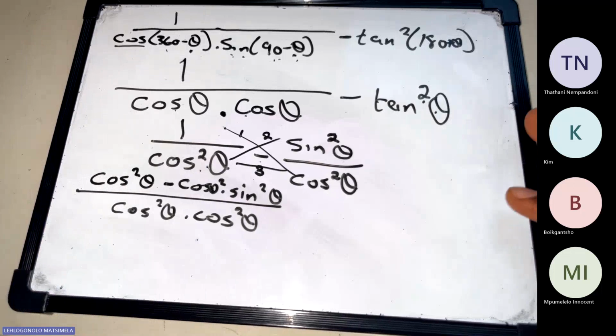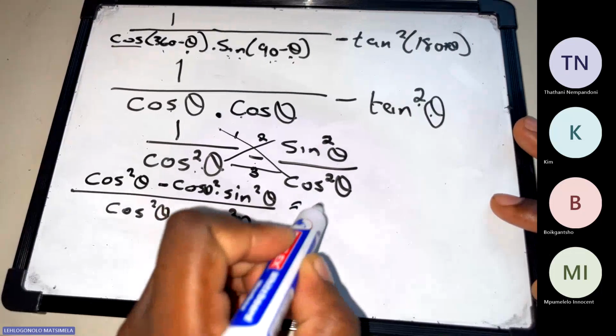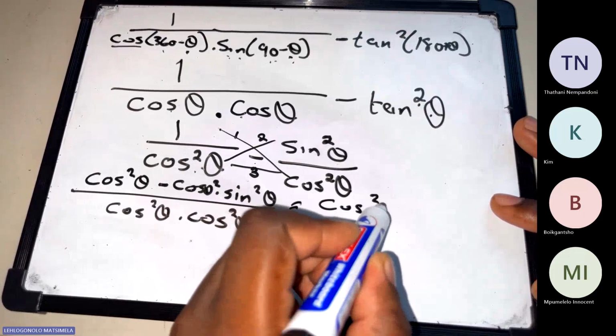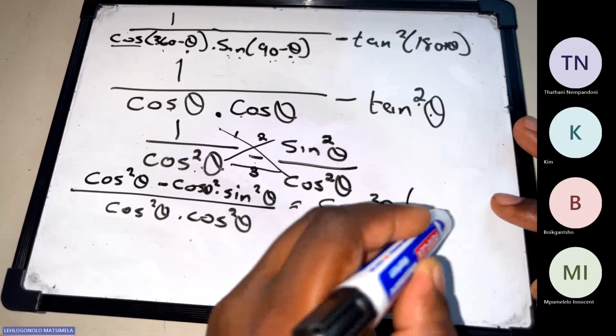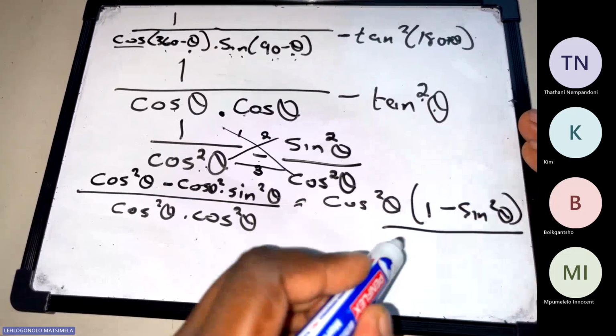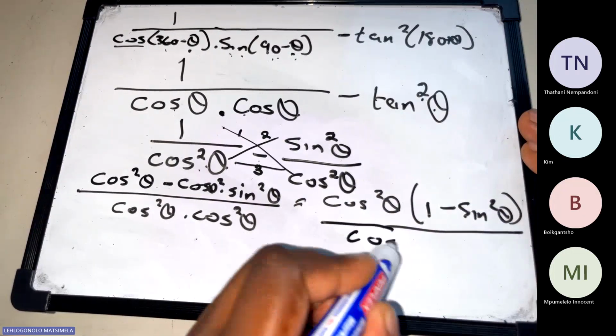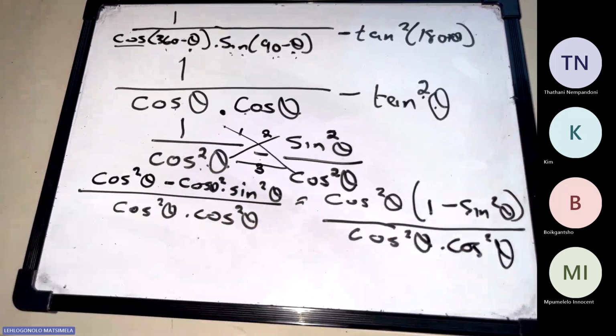How do we simplify? We can simplify by factorizing, saying cos squared is our common factor on the numerator. Then we put it outside the bracket, and I will have 1 minus sine squared angle divided by cos squared angle multiplied by cos squared angle.